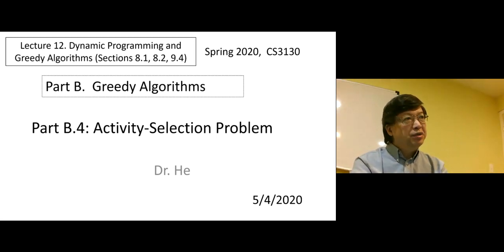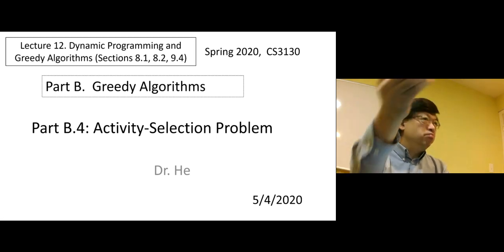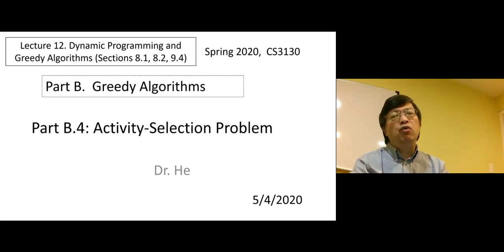I do not ask you to solve any problem directly using dynamic programming or a greedy algorithm. I skip that part. Okay? So do not worry too much about this last chapter. But this topic is important.